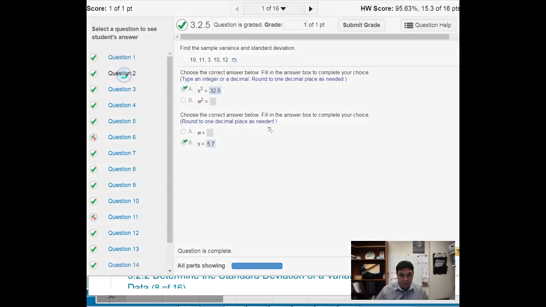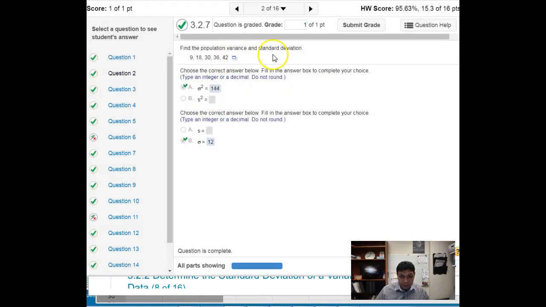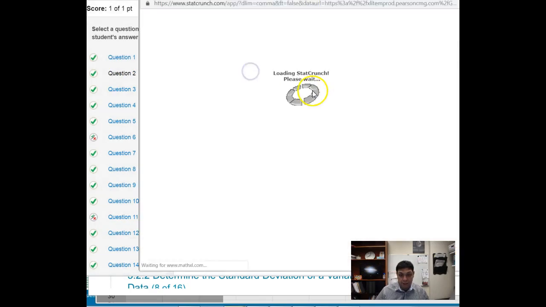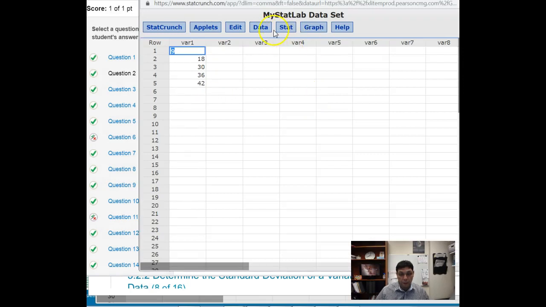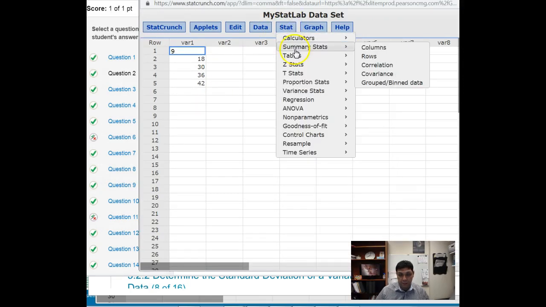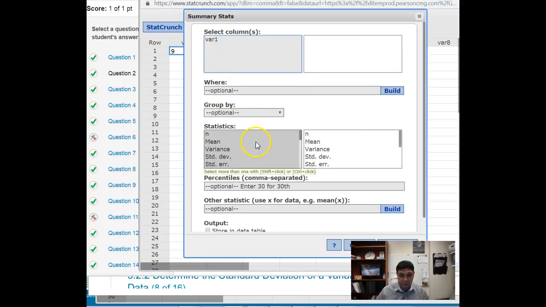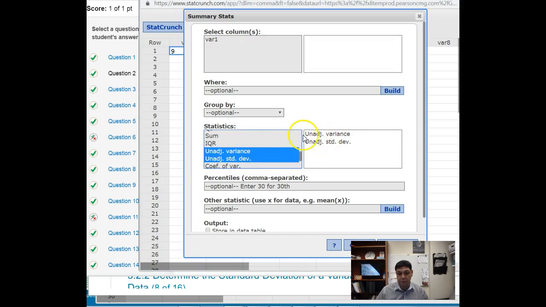On the next one, it's asking for population variance and standard deviation. So what you would do there is open in StatCrunch, and then summary stats, columns, there's variable 1. But in this case, we would use the unadjusted variance and standard deviation since we're dividing by the full population. We didn't adjust it.